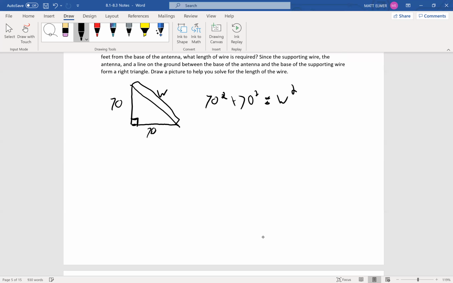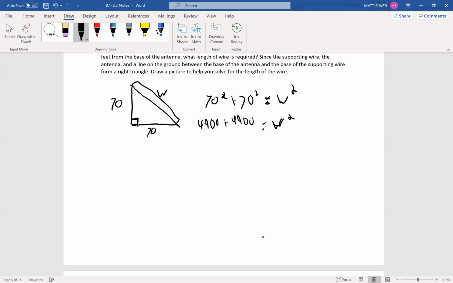Well, notice that 70 squared, if I check here, 70 times 70, we get 4,900 plus another 4,900 is equal to W squared.